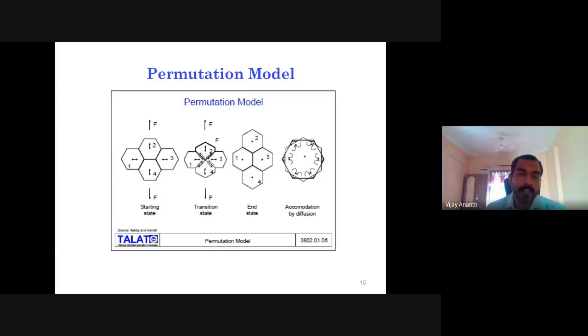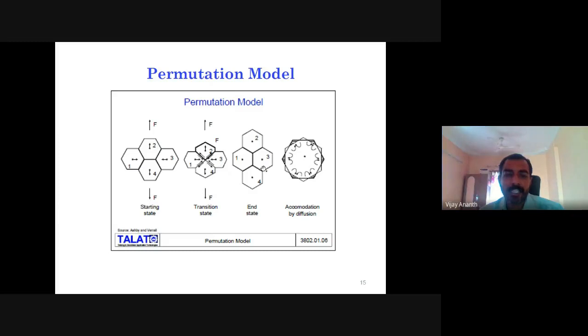Next one is the permutation model. In this permutation model, it is very well explained, right? The tensile load is applied. We have 4 grains. Now we are applying the force. Due to that, what will happen here? Compression force takes place while we are pulling the material from the two sides. Due to the compression, the second grain will be moving in the upward direction, and again the 4 is moving downwards.